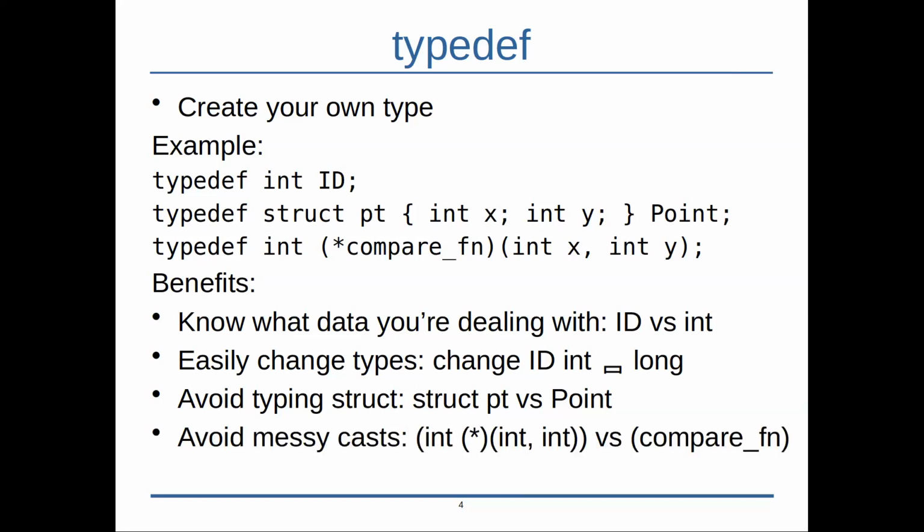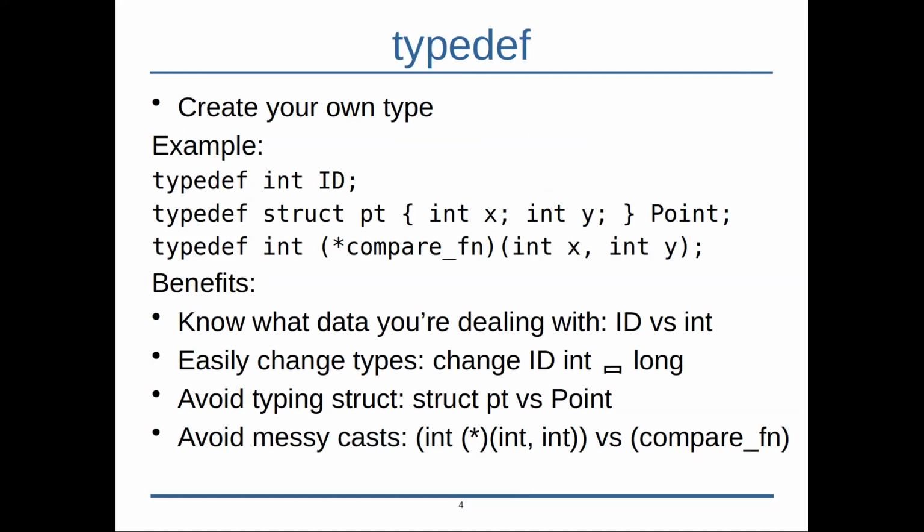Also remember that these function types are very useful, because imagine if you do something crazy like int star int comma, that doesn't even look great when you type it in your code. So it's much better to use just compare function. That's something that you can immediately see is a type that you want to typecast.